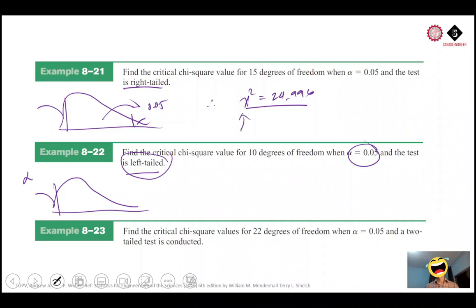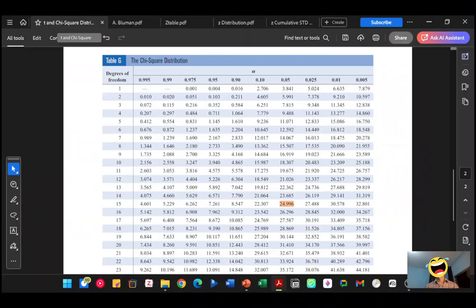Let's try to check on table G. So the alpha is 0.05, yes, and the test is left-tailed, and the degrees of freedom is 10. If you use 0.05, you will end up having a value of 18.307. Again, that is large, so that is not likely to be left-tailed.